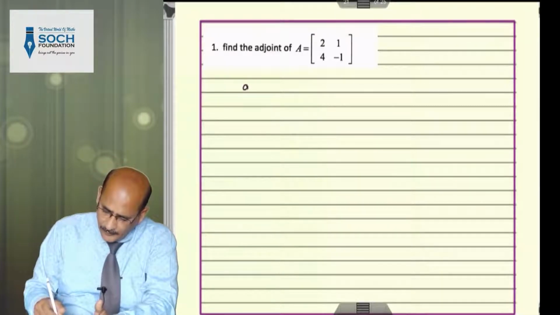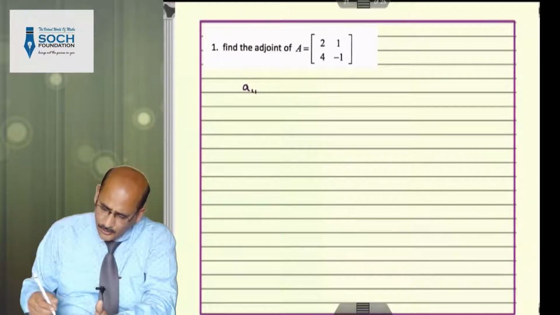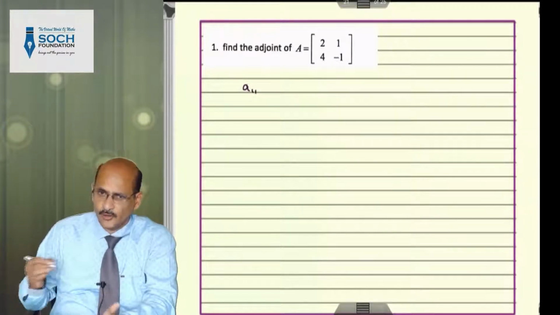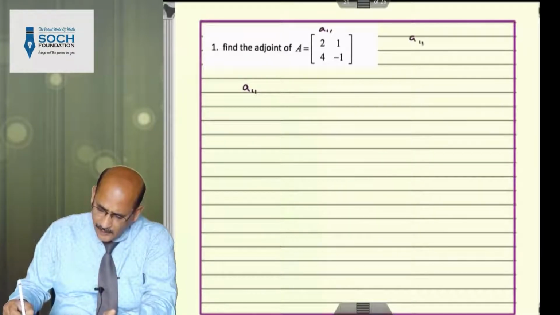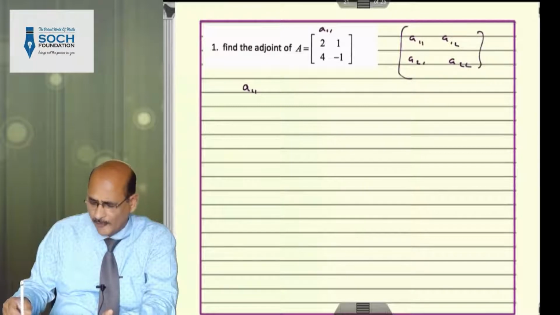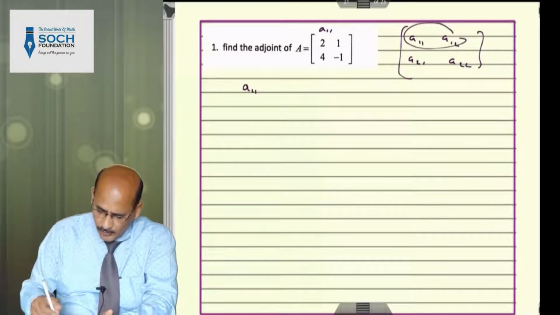Adjoint is nothing but the transpose of the cofactor matrix. So what I suggest is, instead of finding the cofactor elements in this way, do the transpose here only.